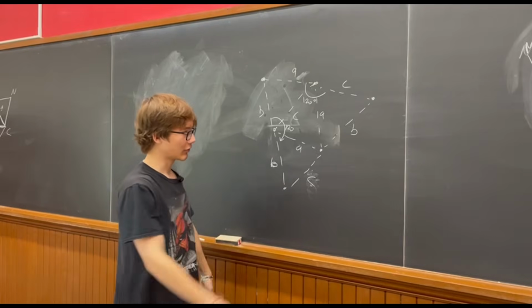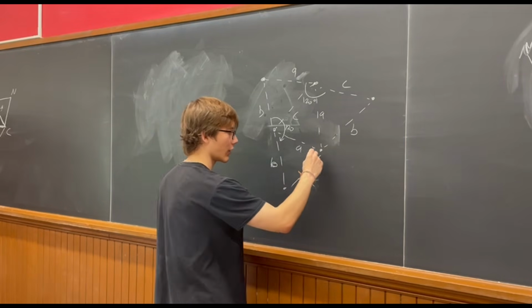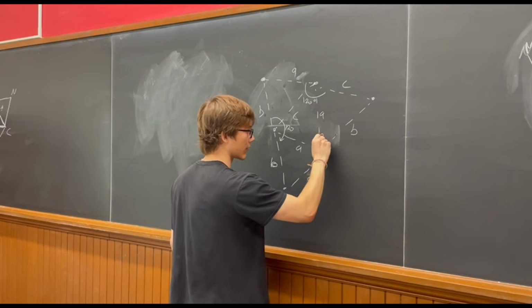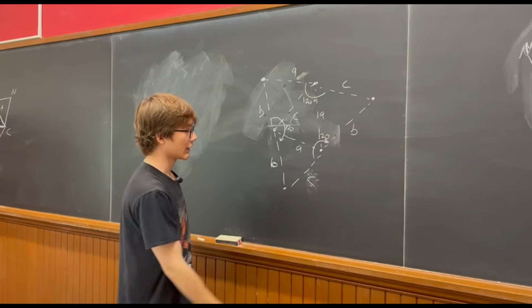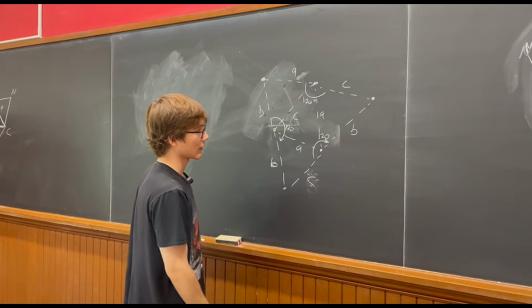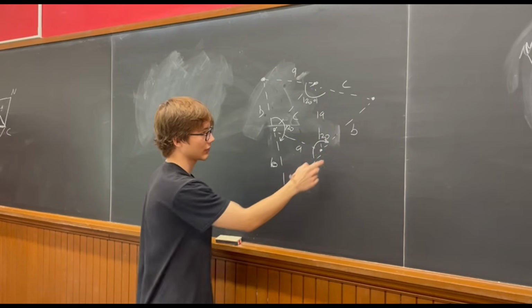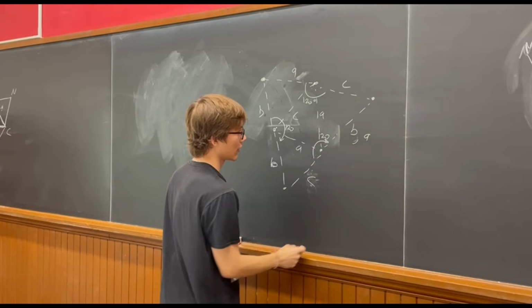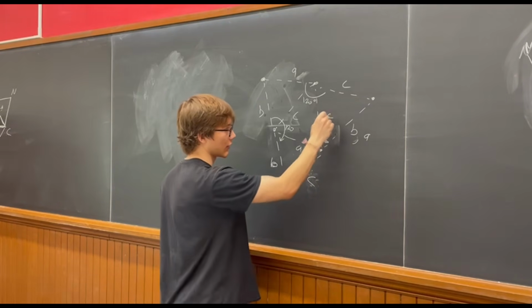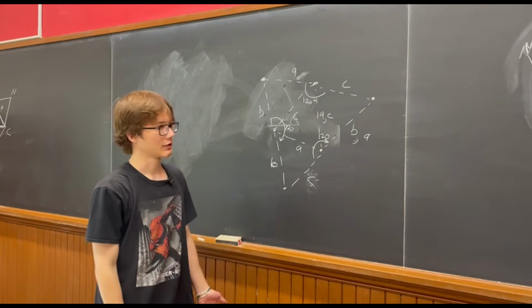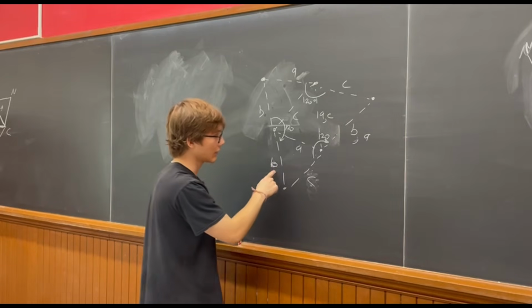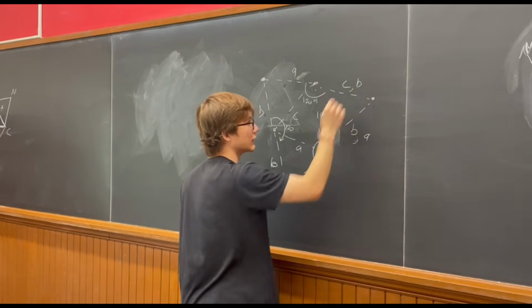And so if we rotate around this vertex by 120 degrees, we would see that this side goes to this side, goes to this side, and so this side goes to this side.